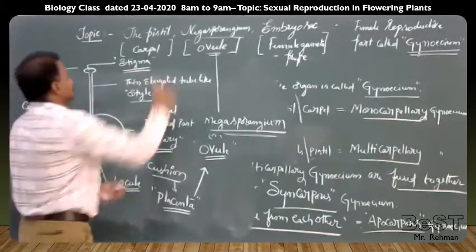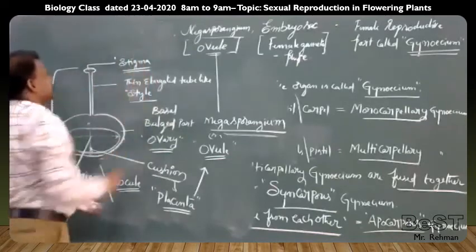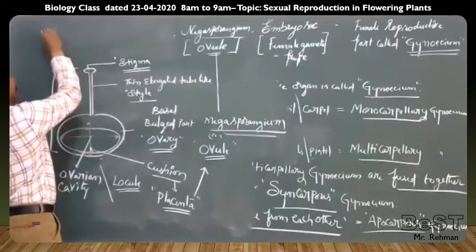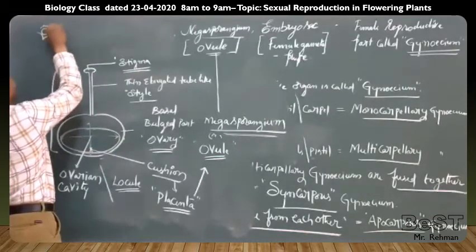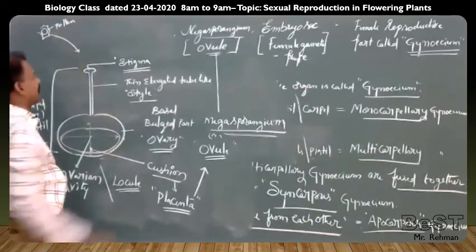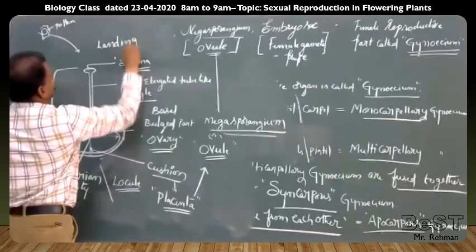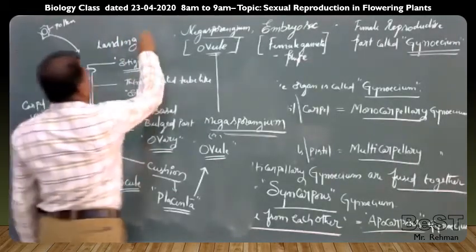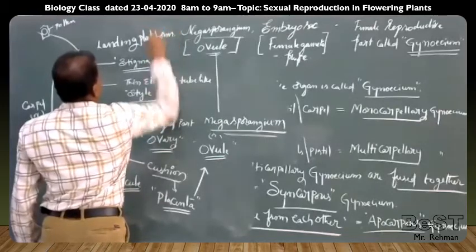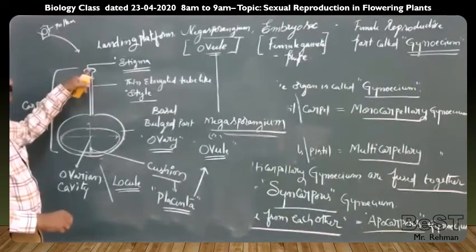Now the question comes, what is stigma? Stigma is the platform for the landing of pollen grain, for the pollen to land here.